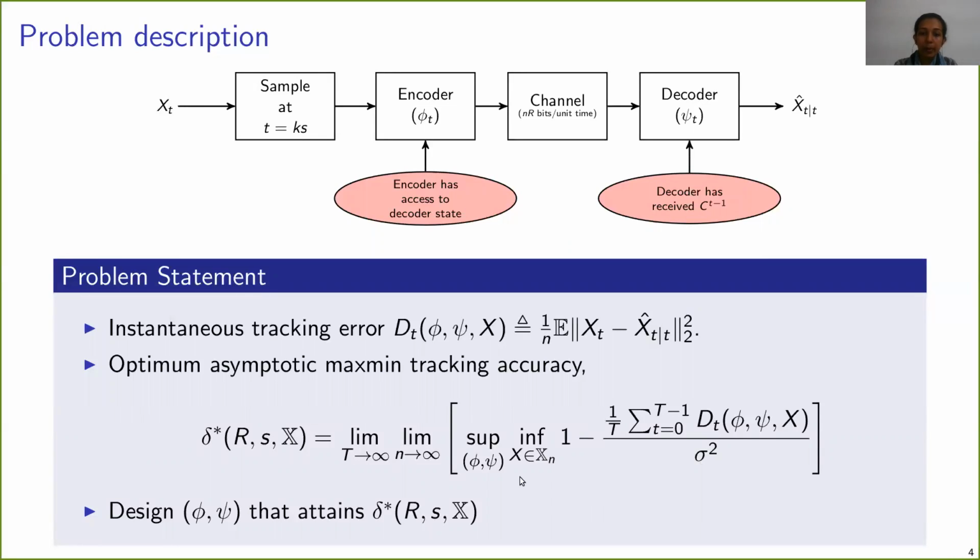And the infimum is taken over all auto-regressive processes of order 1 with bounded fourth moments, and the supremum is over all encoder-decoder pairs. Our objective is to design an encoder-decoder pair that attains the optimum asymptotic maximum tracking accuracy. Observe that this optimal design will be universally optimal for all autoregressive processes of order 1 with bounded fourth moment.